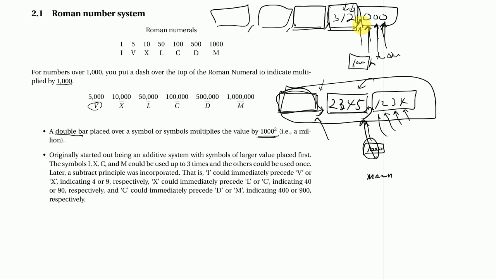And in our system in the United States, it's better to place the comma every 3 numbers. This comma denotes which group, and how many of each group we need to denote that number. So it's very easy to read.